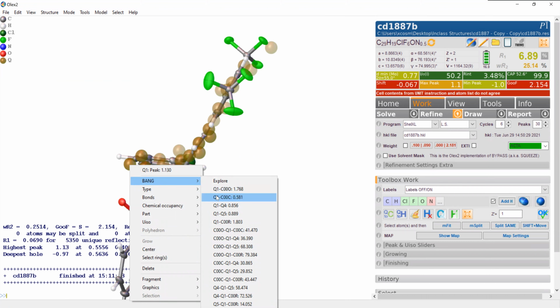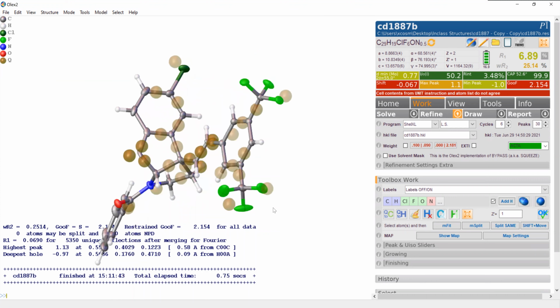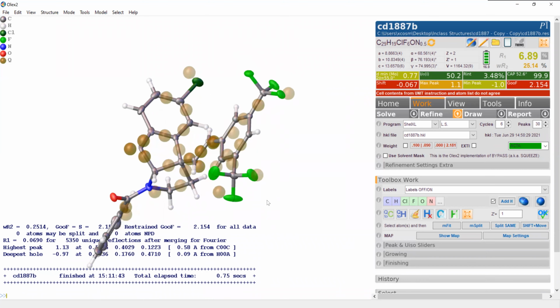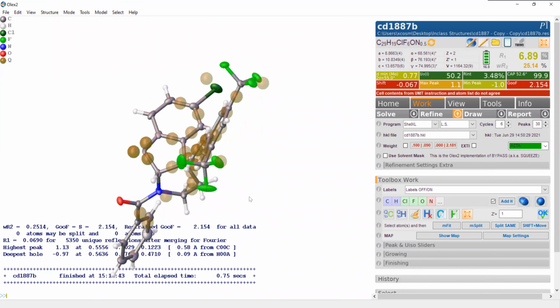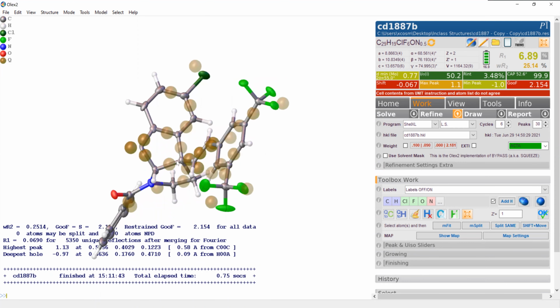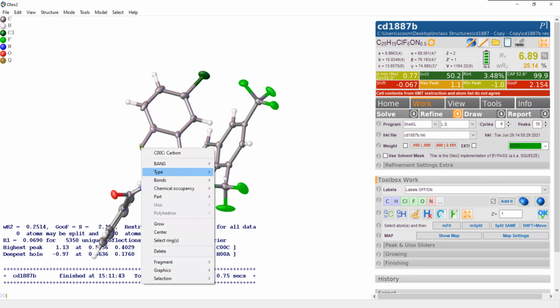And so here there is a Q peak, but it's only about 0.5 angstroms away. So it's not really a Q peak related to a hydrogen atom. But again, the ellipsoid is quite small. So let's change this to a nitrogen atom.